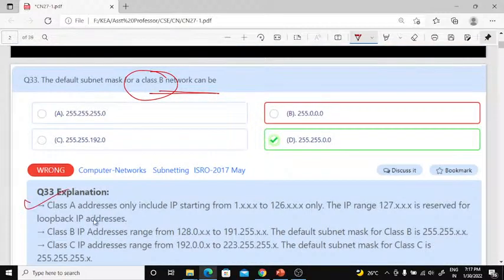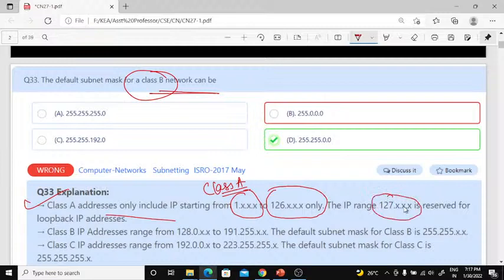Class A addresses include IP addresses that range from 1 to 126 only, and the IP address 127.x.x.x is reserved for the loopback IP address.